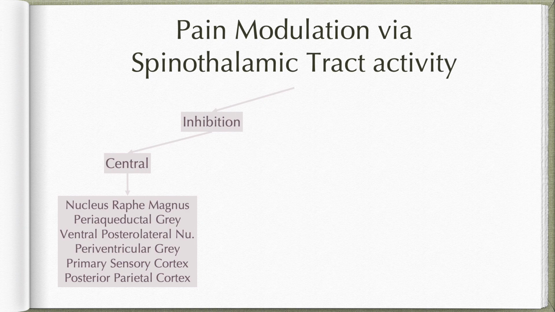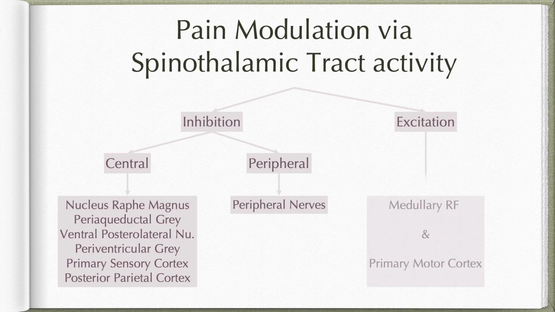Spinothalamic tract activity can also be inhibited by stimulating certain peripheral structures like peripheral nerves. Spinothalamic tract activity can be increased by stimulating medullary reticular formation, which includes other nuclei other than nucleus raphe magnus, as well as by stimulating primary motor cortex.